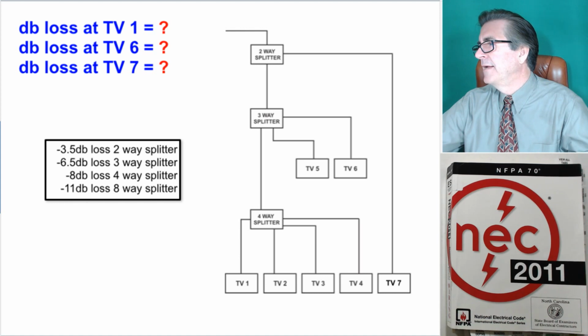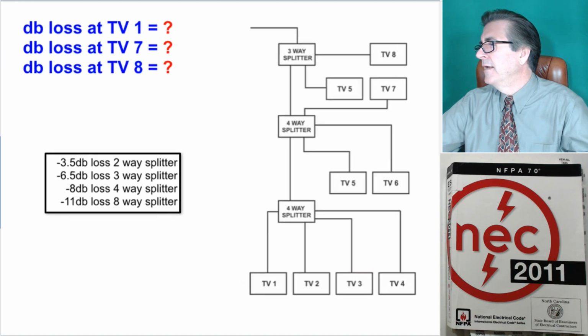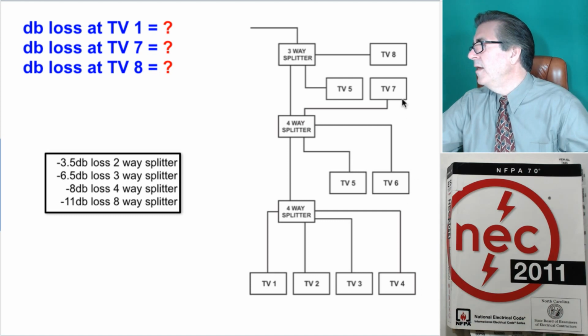You might want to go back and do all those, and you can stop it and go back to that if you like. We've got some more of these here. Here's another representation. TV1 is down here: a 4-way, a 4-way, and a 3-way. TV7, where's TV7? Way up there.